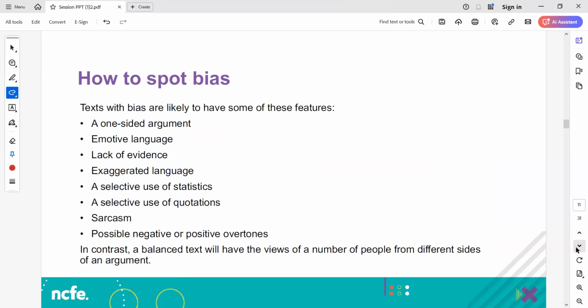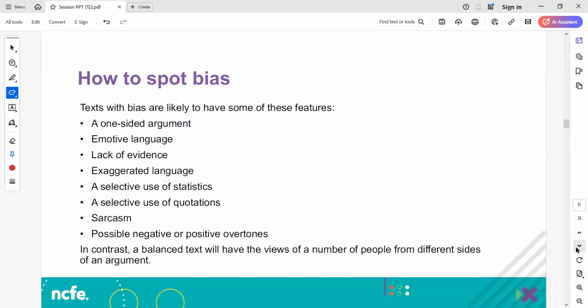So if you have a text with bias, it is likely that some of these features will be present. So a one-sided argument, the use of emotive language. I was heartbroken that the council decided to get rid of the children's play area. The council's decision was outrageous.